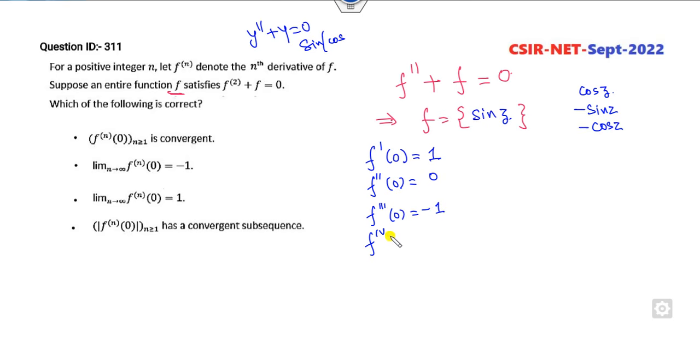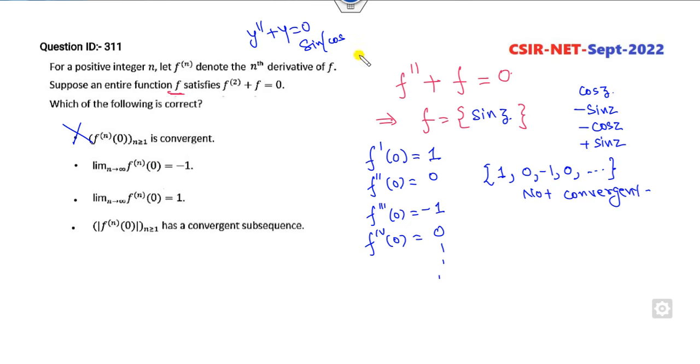What is the fourth derivative at the point 0? Plus sine z, which is 0, and so on. So what kind of sequence do you have? 1, 0, minus 1, 0, and so on. You can clearly see that it has three different values: 1, 0, minus 1. So it is not convergent.